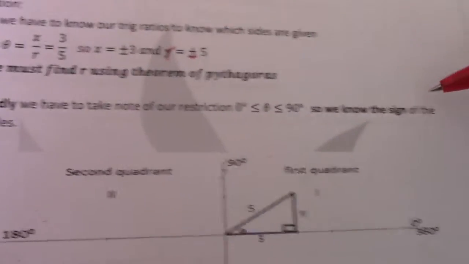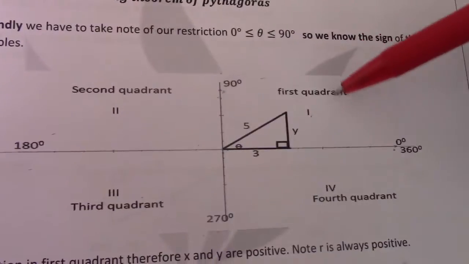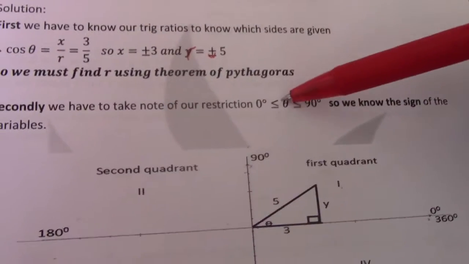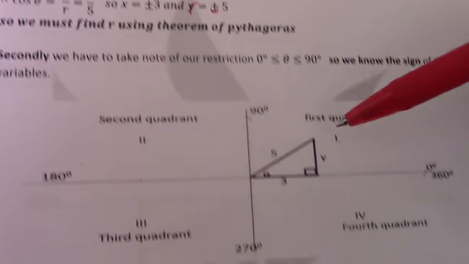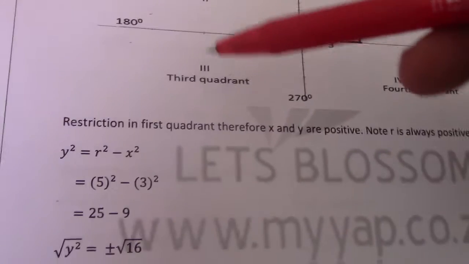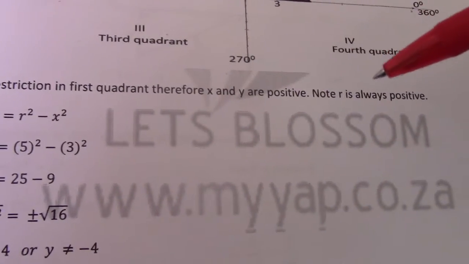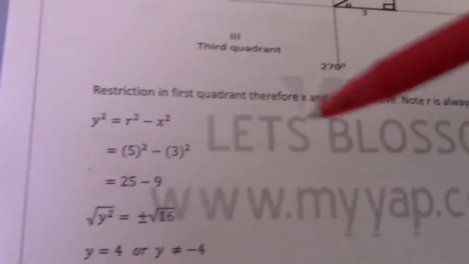So we should know the sign of the variable. In the first quadrant, because my restriction is less than 90 and bigger than 0, x is positive and y is positive. So restriction in first quadrant, therefore x and y are positive. Note r is always positive.